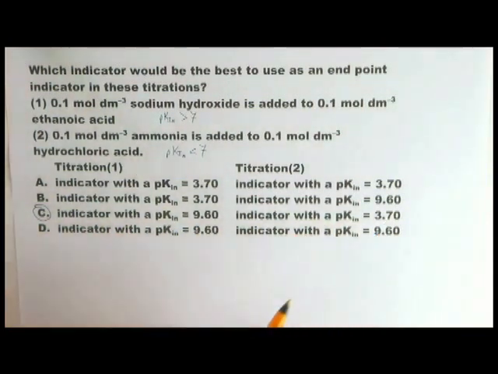Some of these questions do require a bit of thinking about, and if you've practiced with them, you will become more fluent at handling this strong base, weak base, strong acid, weak acid dichotomy. And it is important for you to look at the curves that you get from these kinds of titrations so that you can handle these questions quickly.